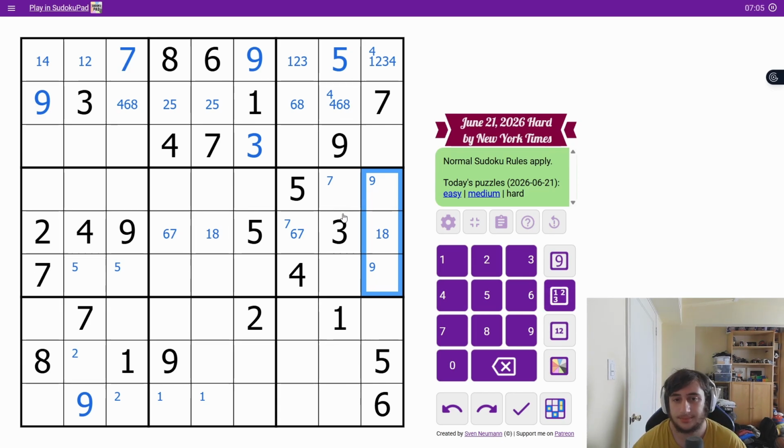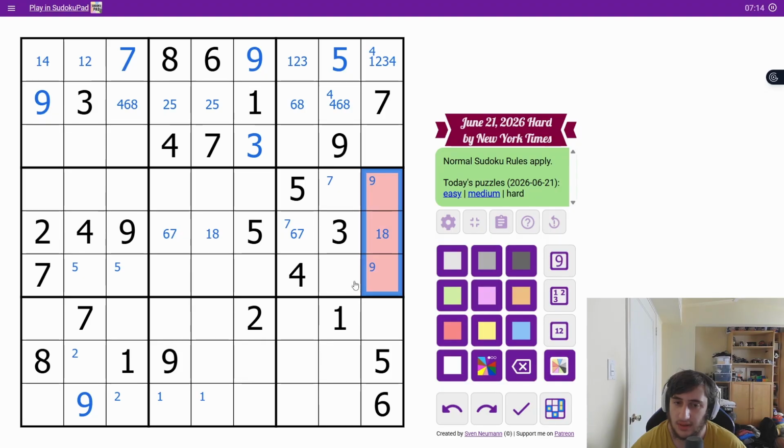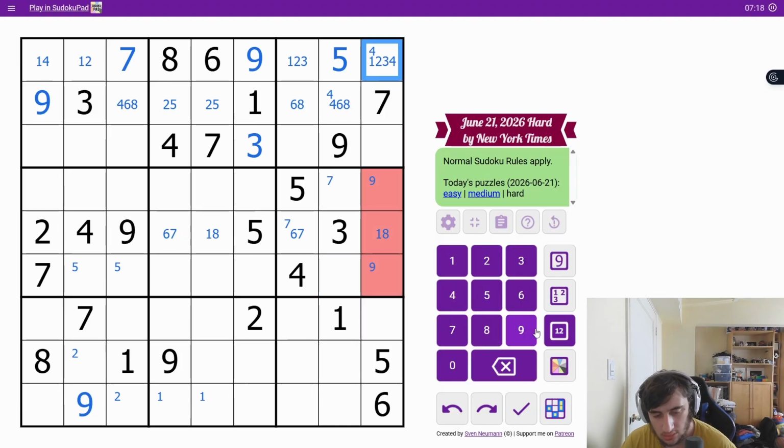Oh, you know what? We know since there's a 1 here and 1 can't be here, that 1 has to be in one of these squares right there. So that means this can't be a 1. And this one can't be a 1. What can this be? Could be a 2. Could be 2 or 8.